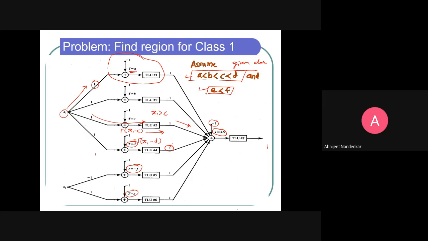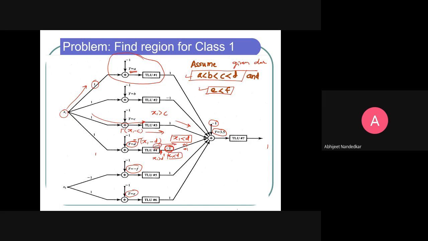So when this will fire, whenever your x1 is less than d, this is going to produce +1 here. Since at this position, whenever x1 is greater than d, actually this will fire. It will produce +1, but it will get multiplied with -1. So what I want here is +1. So if my input is less than d, then this will produce -1.